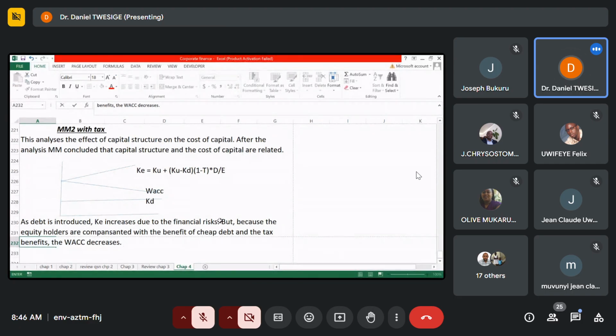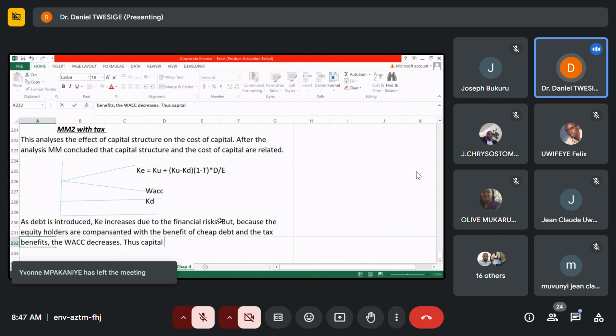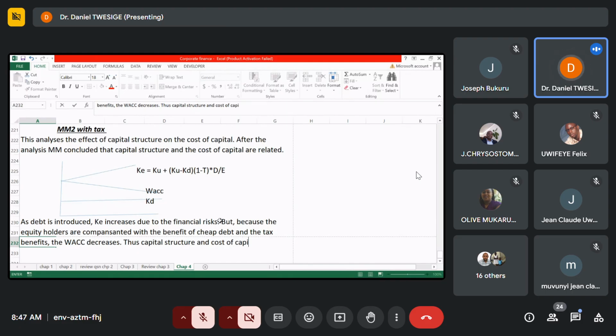So that's capital structure and cost of capital are related.